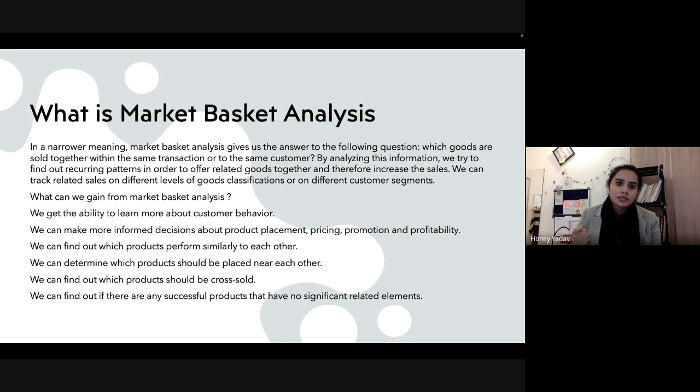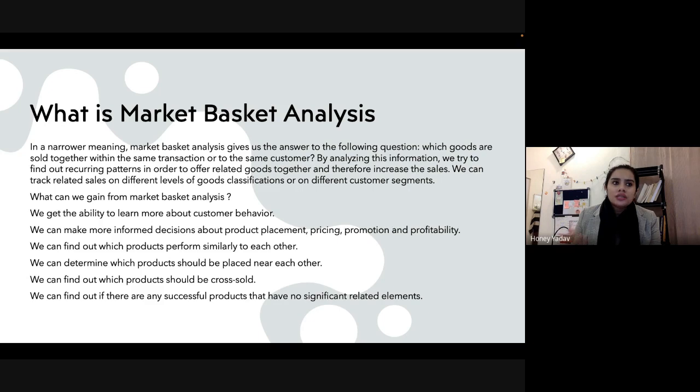One of the classic examples of market basket analysis is the Walmart strategy, when Walmart realized, I think in 1989 or so, that people, or mostly men, were buying diapers and beer in combination on Fridays. This was a very unexpected insight.